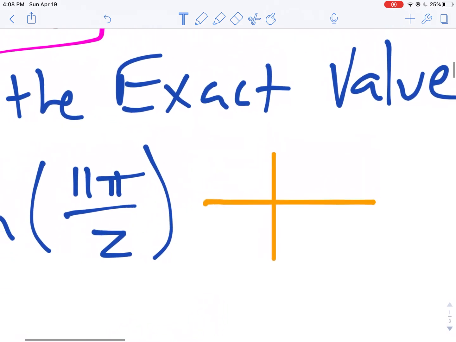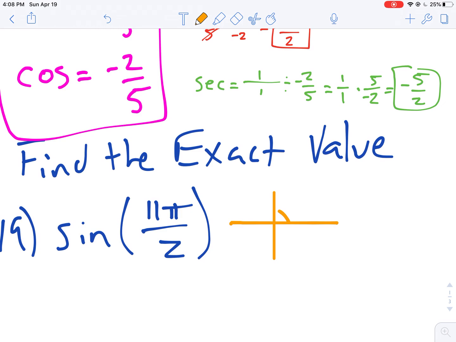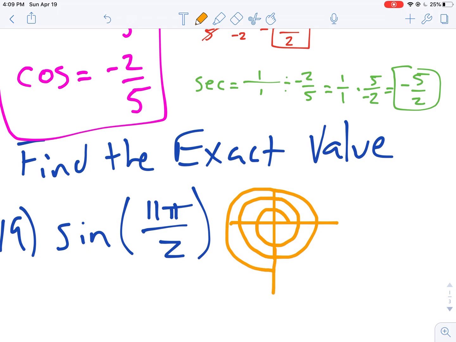I apologize about that. So I start forming an angle. When I get up here, that's 1 pi over 2. This is 3 pi over 2. When I get back up here, I'm at 5 pi over 2. Then I'm at 7 pi over 2, 9 pi over 2, 11 pi over 2. These work in odd numbers and they go over 2.